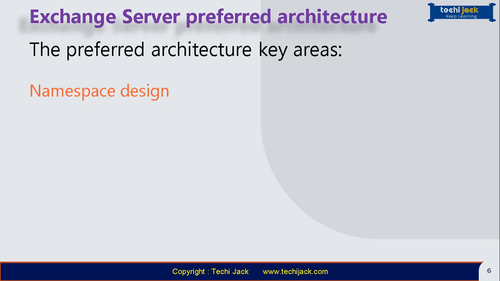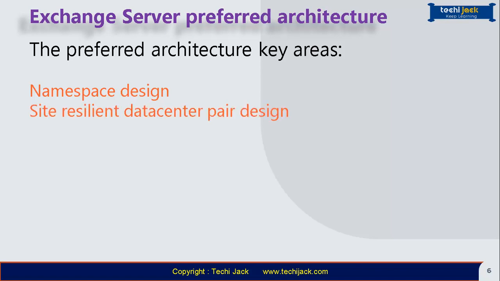For example, TechieCheck clients want to connect to AutoDiscover services by using the name autodiscover.techiecheck.com, and they will connect to the HTTPS services by using the name mail.techiecheck.com. So you should equally distribute the traffic across the data centers through round-robin domain name system or GeoDNS or a similar solution, whatever you have with you.